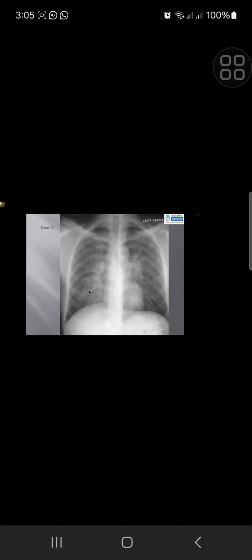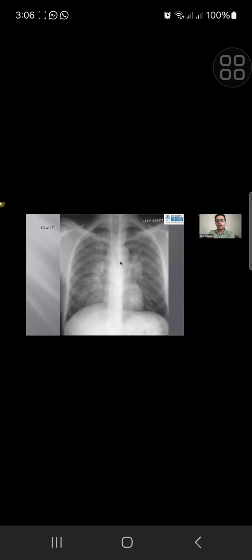Looking at the AP window, there's slight prominence of the AP window, suggestive of pulmonary hypertension in this case. Because I believe that the pulmonary branches are very prominent, I would be worried about pulmonary hypertension. Okay, the pulmonary artery is completely fine here.